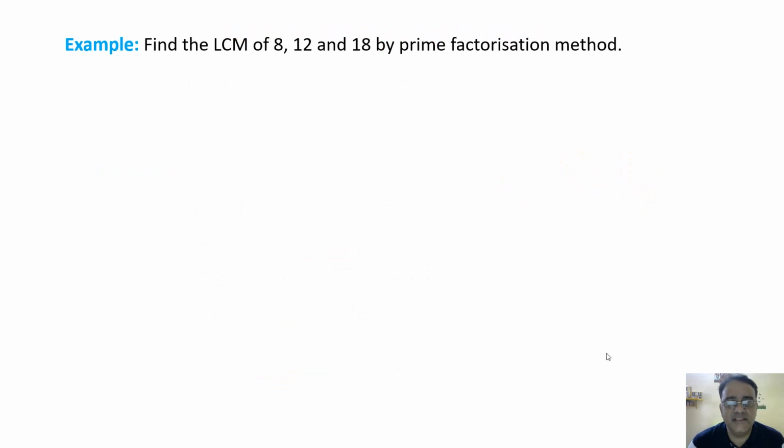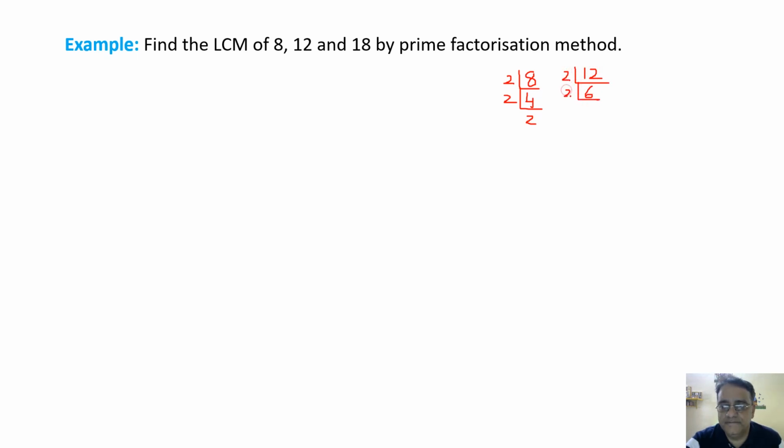Next question, find the LCM of 8, 12 and 18 by prime factorization method. So what we will do, we will find the prime factorization of 8 first. 8. First you divide it by 2. You will get 4. Again divided by 2, 2. Now 12 we will find, first divided by 2, 6.